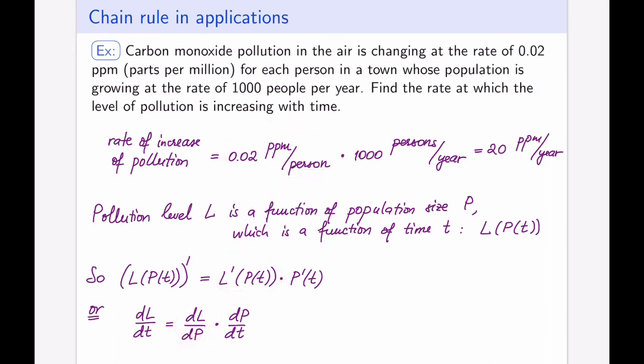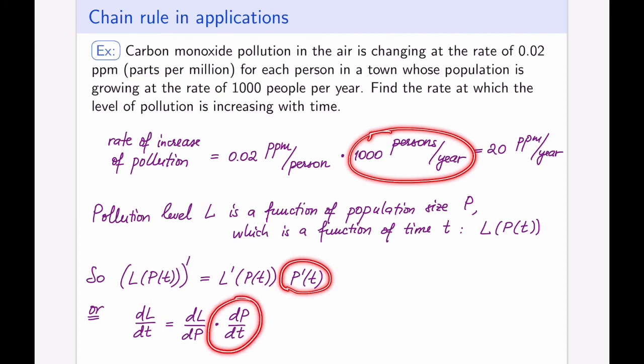So once again, I know that generally everybody prefers the prime notation, but the Leibniz notation is much more connected to the units. And this is particularly useful if we're talking about word problems. You notice that parts per million, which is the measure of the pollution, per person, which is the measure of population size, is followed up by the rate of change of the population, which again, in all of these notations corresponds to the same value.